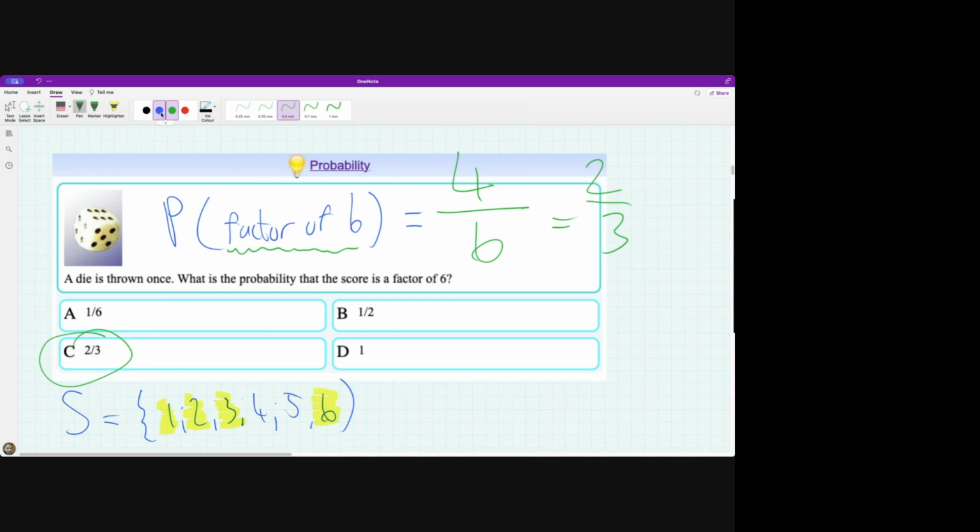Okay, let me rearrange this question. What is the probability of getting a prime number? Which of the 4 options would be correct for the probability of throwing a prime number when you throw a dice?